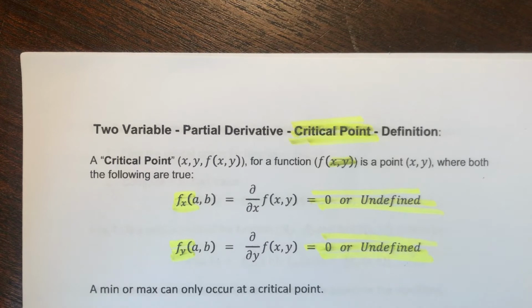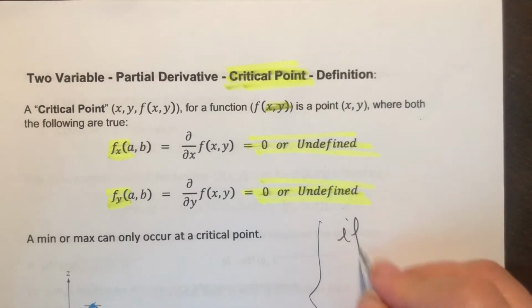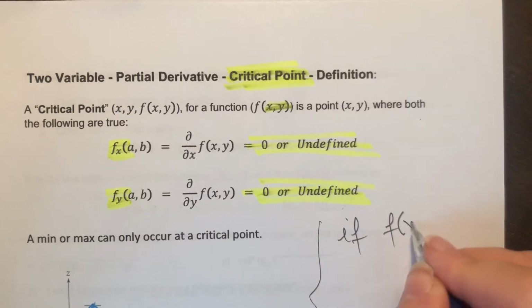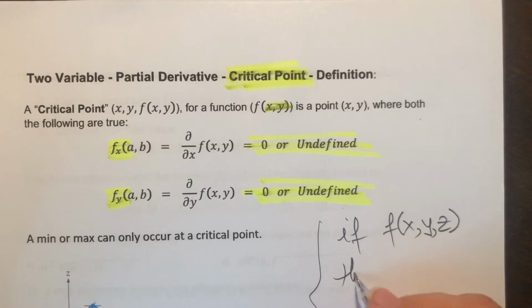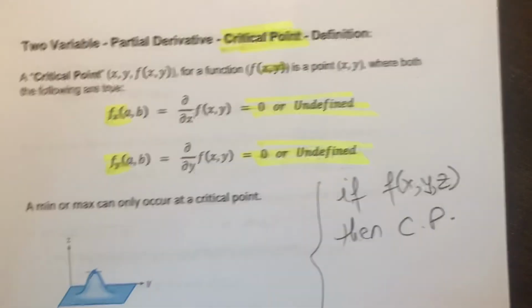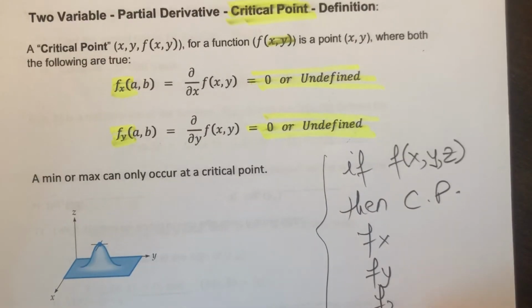And sure enough, if you have a function of 3 variables, then to have a critical point, what's going to happen? All 3 partial derivatives will have to equal 0, right?